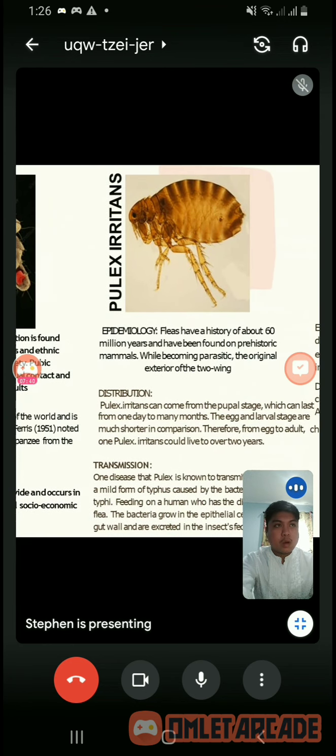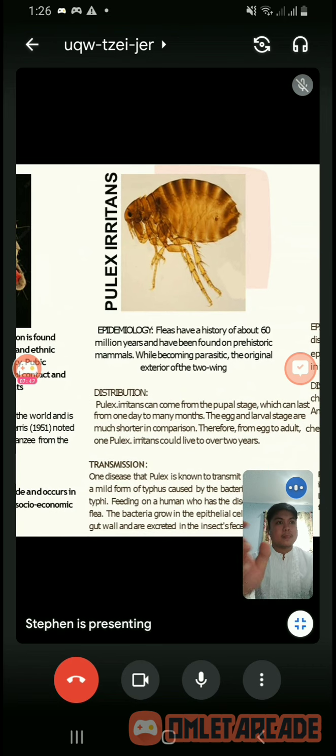So, Pulex irritans, epidemiology, fleas, o kuto, have a history of about 60 million years. So, kalain mo yun. Matagal na sila nag-exist sa ating mundo and have been found on prehistoric mammals. While becoming a parasitic, the original exterior of the two will.